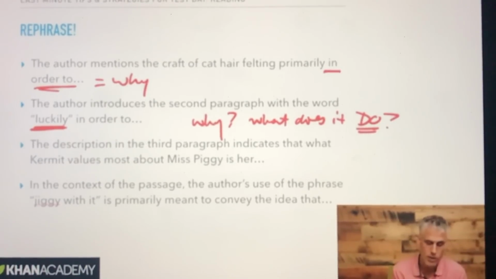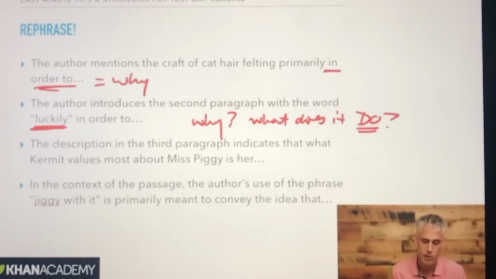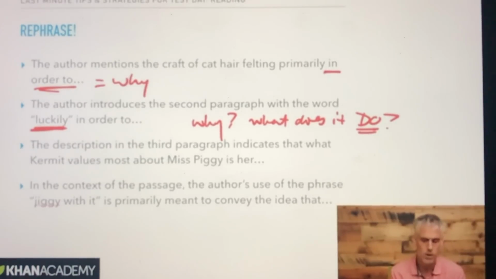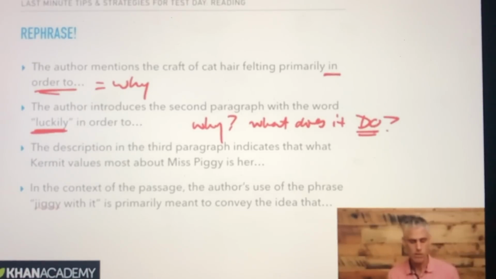Okay, so in the context of the passage, the author's use of the phrase "jiggy with it" is primarily meant to convey the idea that... So you say to yourself, it's not what does "jiggy with it" mean, it's why does the author use that phrase? And you go back, like, why is it there? Is it because he's trying to be cool?